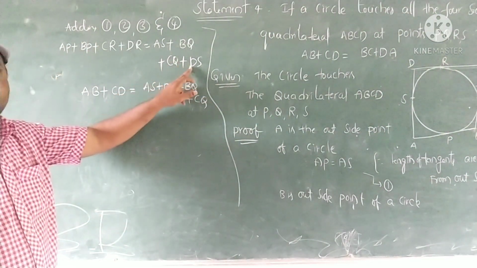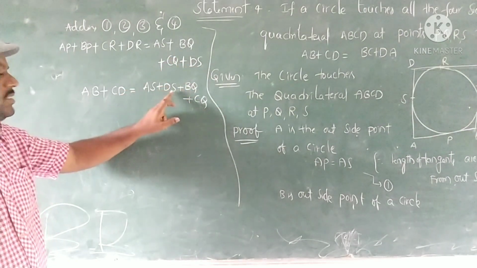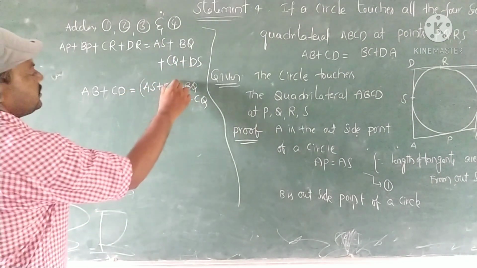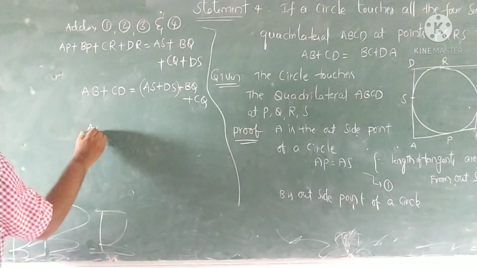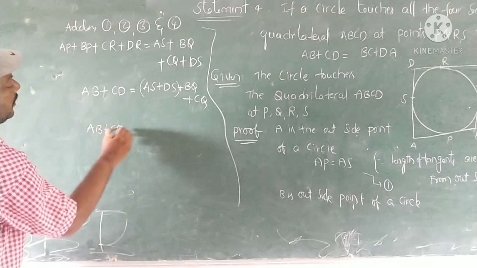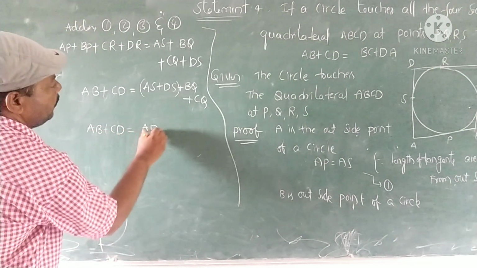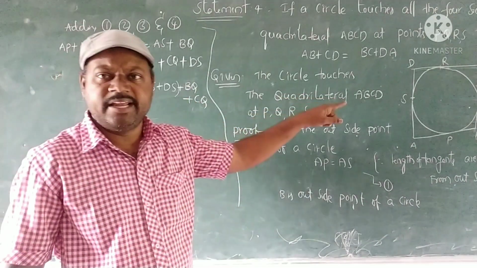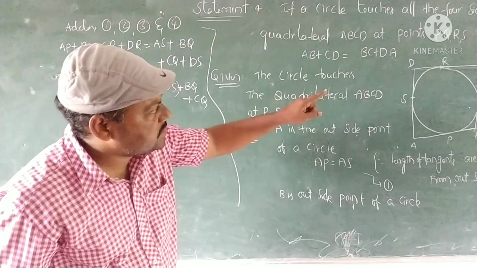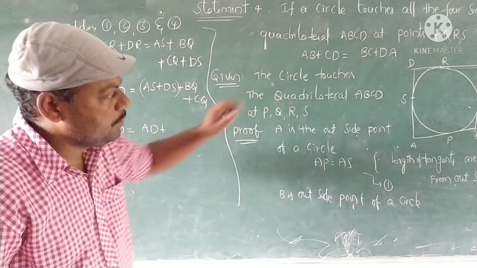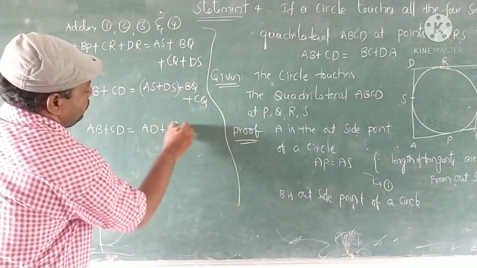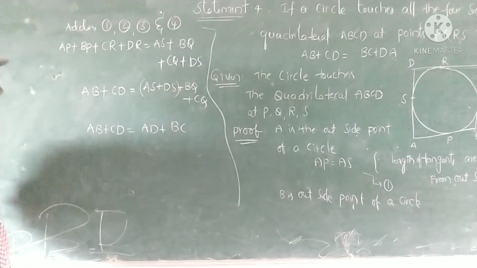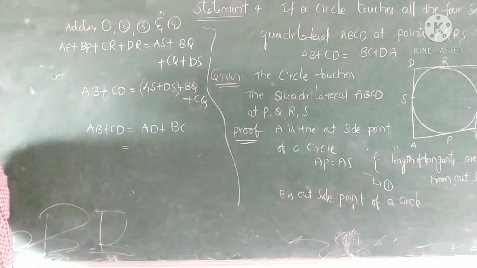AS plus DS means AD. So AB plus CD equals AD plus BQ plus CQ. Check the diagram also: BQ plus CQ is BC. So AB plus CD equals AD plus BC. This is the required result.